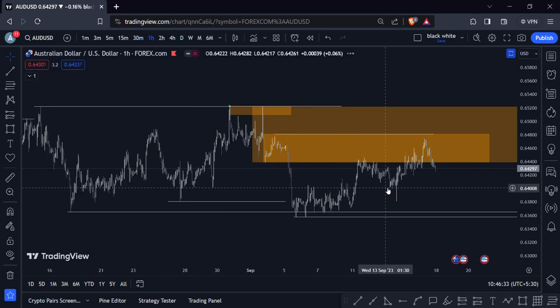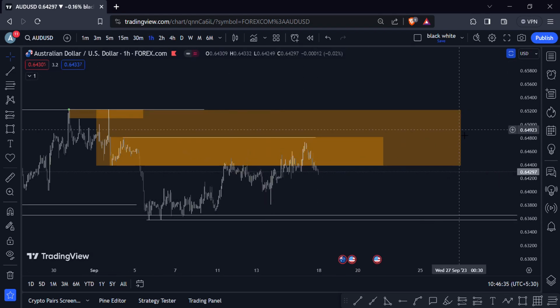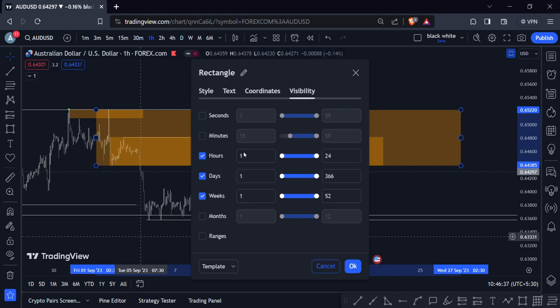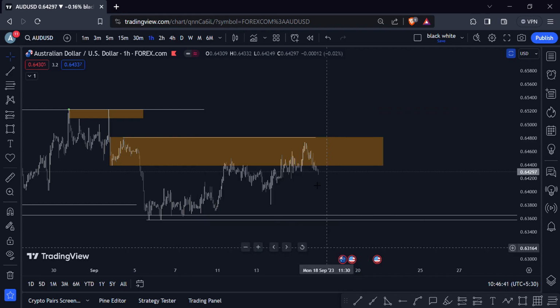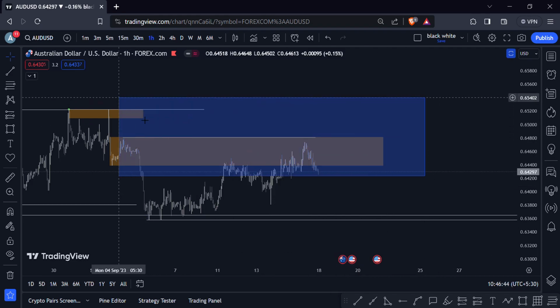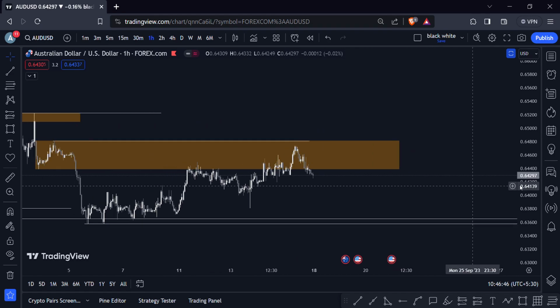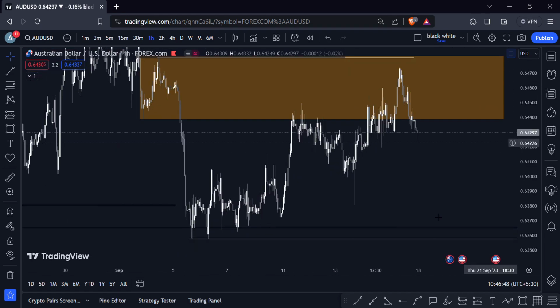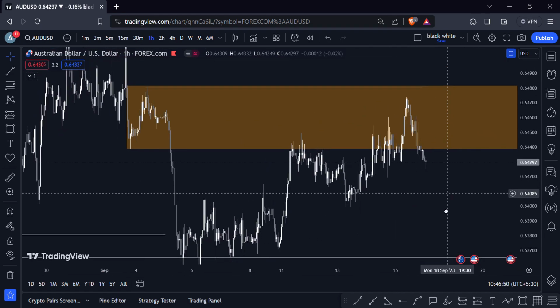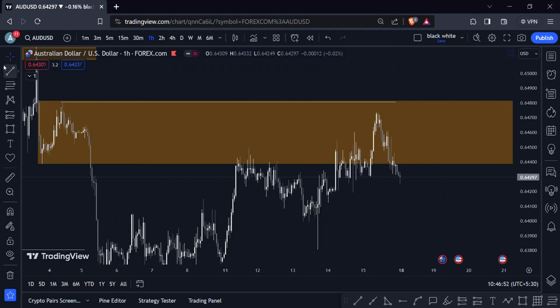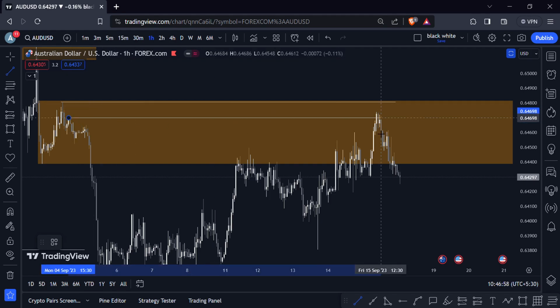Let's see. Okay, 1 hour is quite messy. Let's make it visible for only 4 hours or something. Okay. Yeah. In 1 hour, it'll be really quick. So we took the liquidity of this area in 1 hour. This area actually is the whole one.